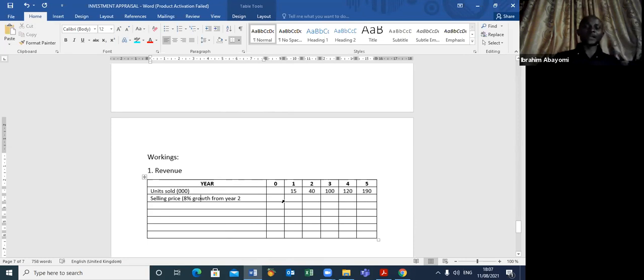Okay, 8% growth from year 2. So in year 1, it is what? 2,000.